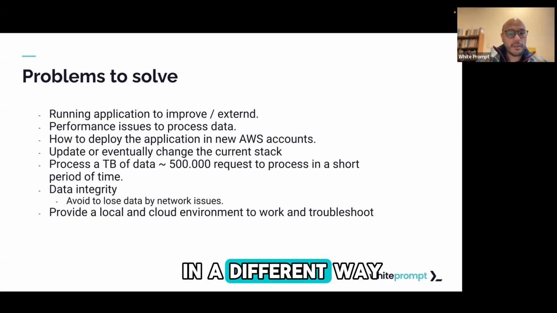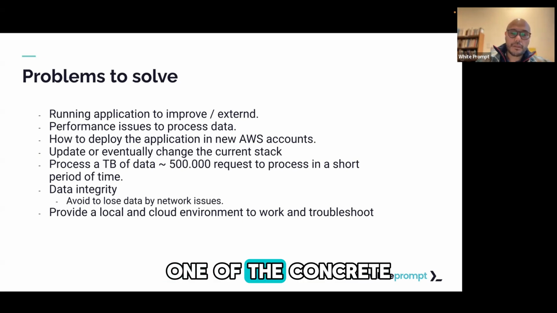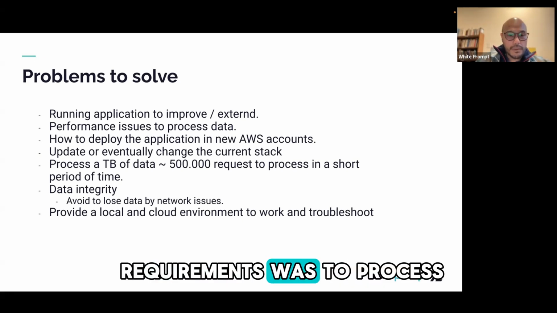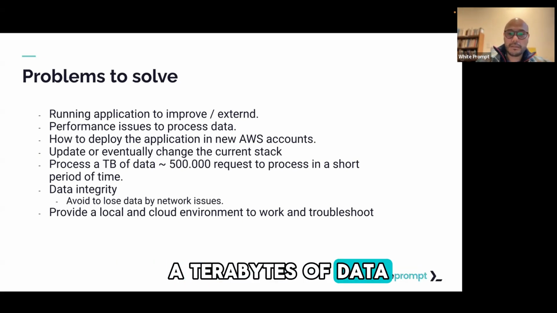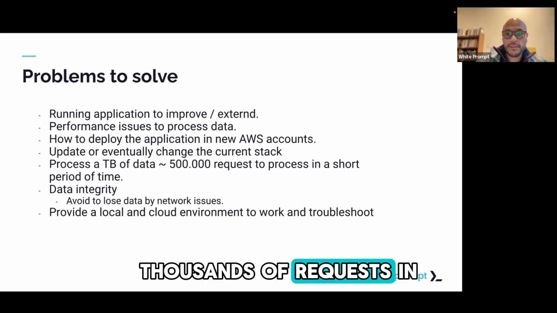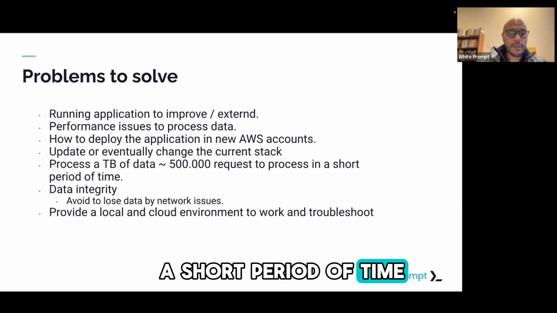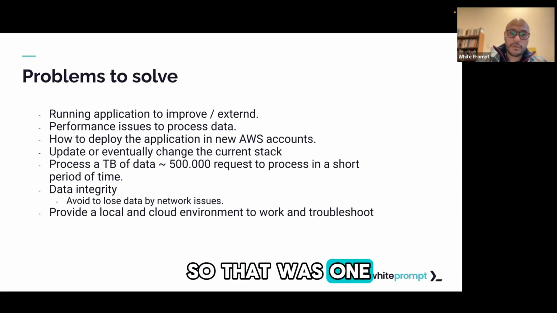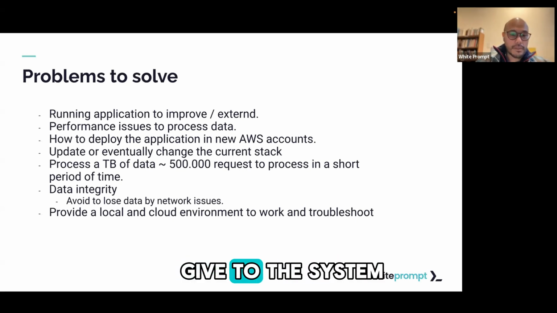Then we arrived at this position where we need to think about the architecture schema in a different way. For example, one of the concrete requirements was to process a terabyte of data, where we wanted hundreds of thousands of requests in a short period of time. That was one of the features that we wanted to give to the system.